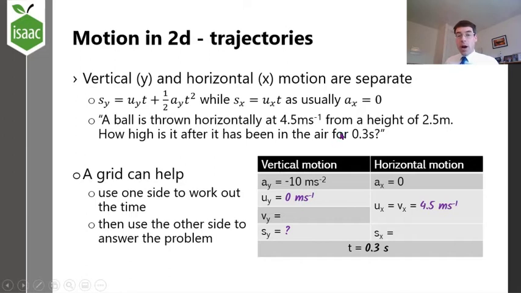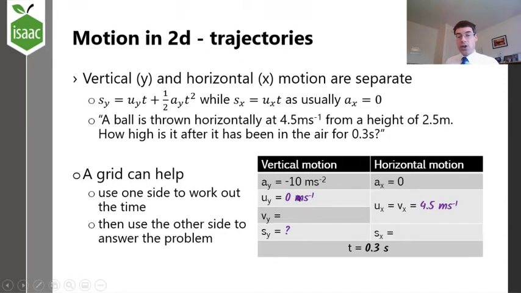We're told that it's thrown from a height of 2.5 meters, and how high is it after it's been in the air for 0.3 seconds? So the time is 0.3 seconds, and if we want to know its height, then we are going to be working out the vertical displacement. So in other words, we're going to work in the vertical section, because you can see we know three things.